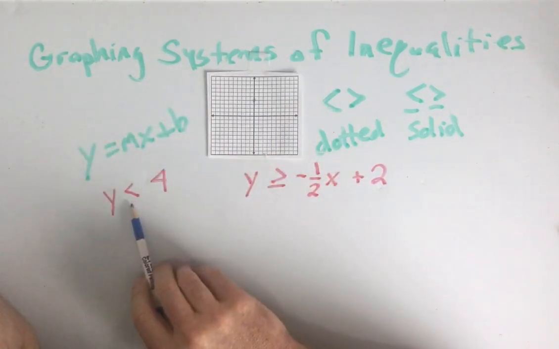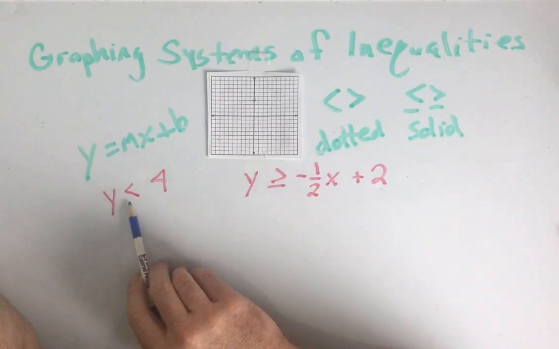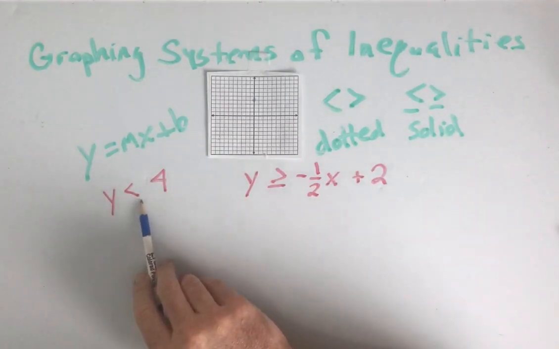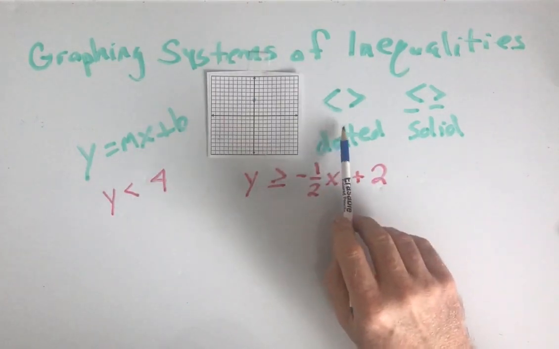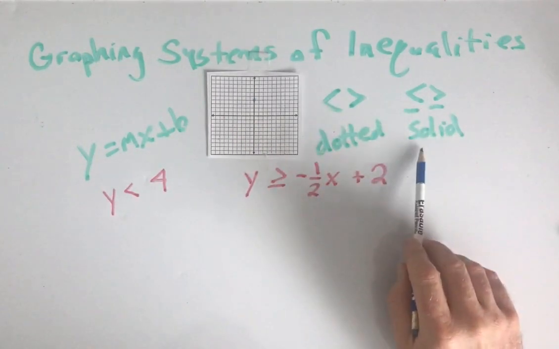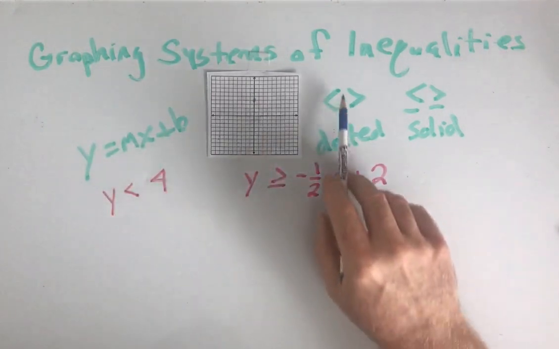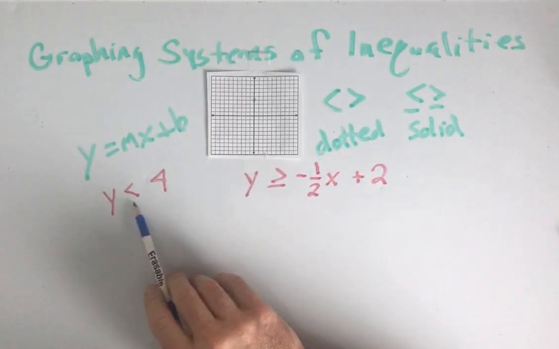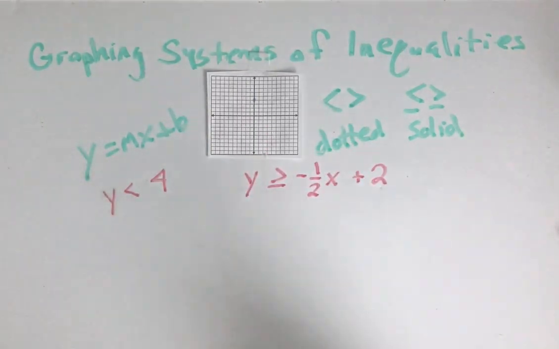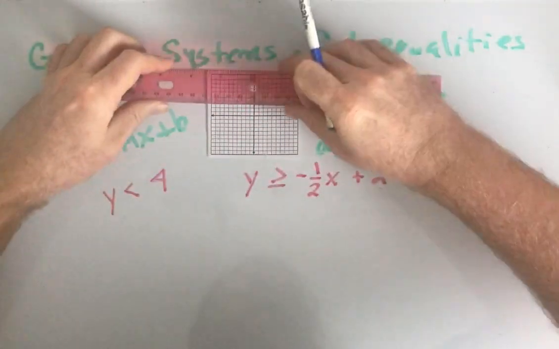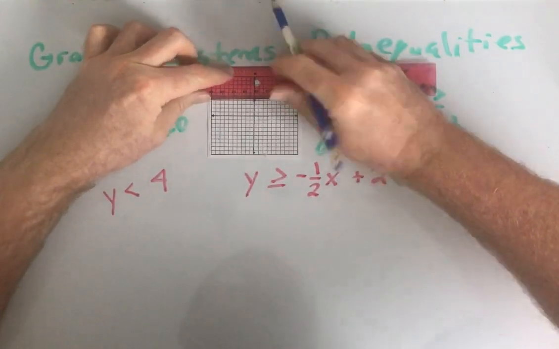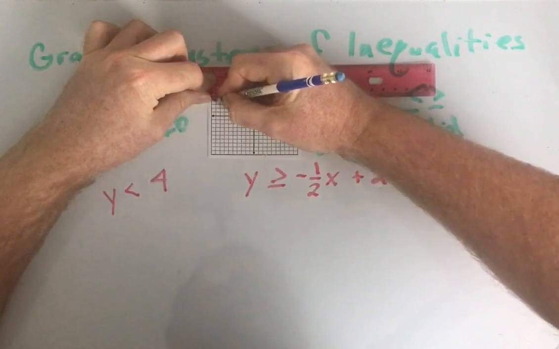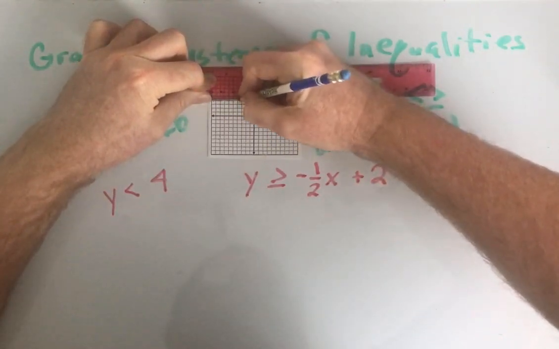And because it is not underlined, it is only y is less than 4 over here, we know that it is dotted, okay? Had there been a line underneath it, it would be solid. But since there's no line underneath the inequality sign, it is going to be dotted. So it is a straight line across where y is equal to 4. All right, so make that.